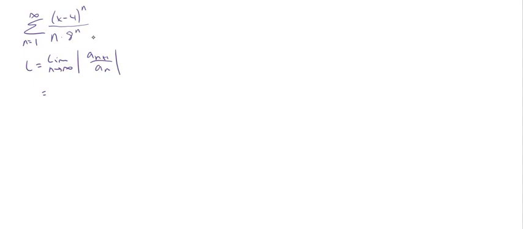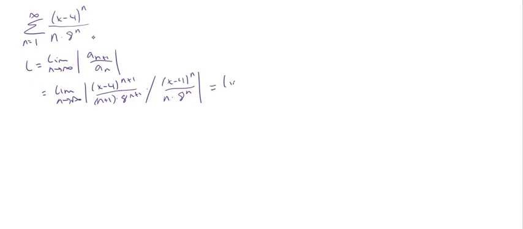This is equal to the limit as n goes to infinity, absolute value, x minus 4, I'm just going to change that to an n plus 1, over n plus 1 in parentheses, times 8 to the n plus 1, divided by x minus 4 to the n, over n times 8 to the n, and absolute value.